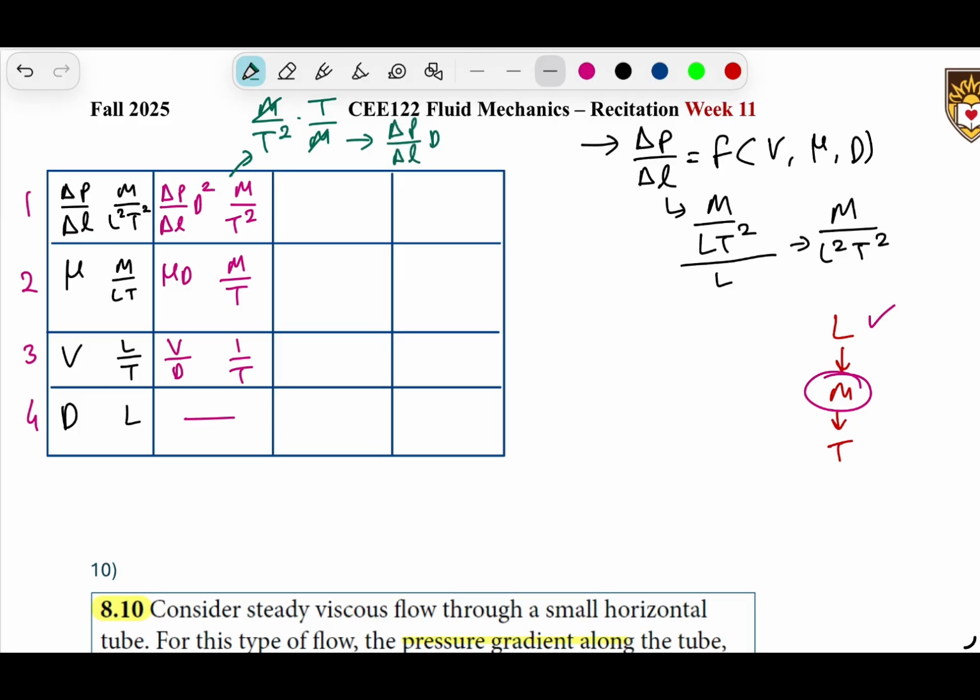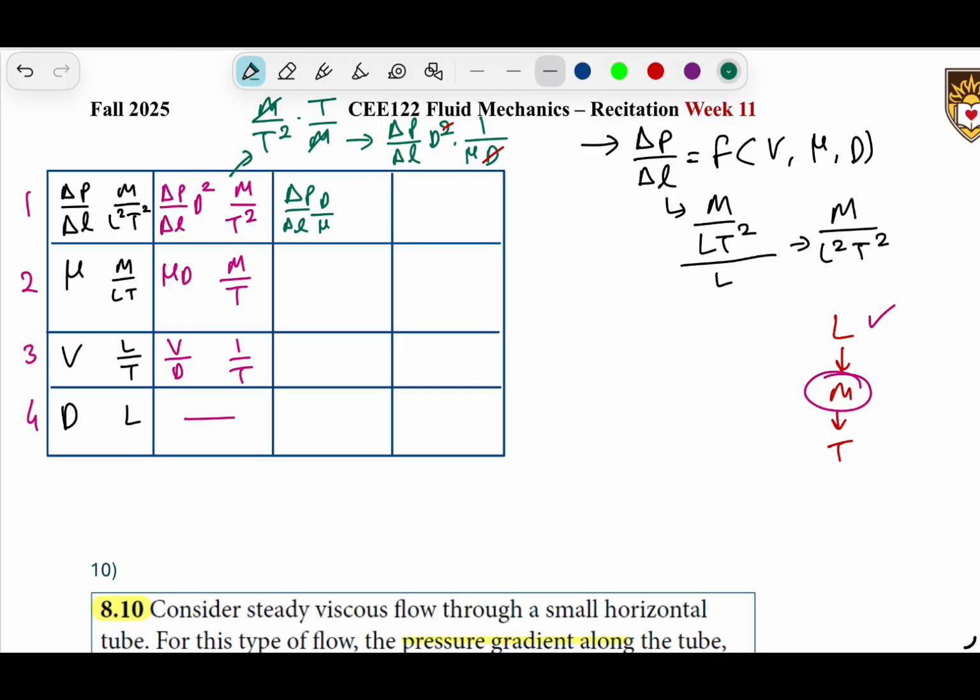So this means we already had this variable, which is remaining from the first step. And then we divided by viscosity times diameter. So we are dividing it by this. Then what we have is delta P over delta L and d over viscosity.